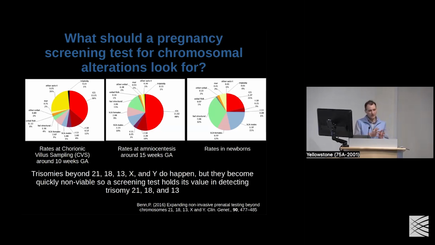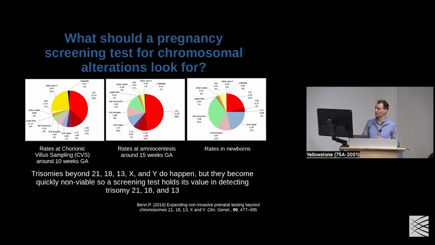It's very important to understand that the answer is different depending on whether you look at the beginning of the pregnancy or at the end, in the newborn. The reason is that there's a lot of natural selection going on already at the stage of the pregnancy. A lot of things can go wrong from the very beginning that are just not viable, so you'll never find them in newborns.